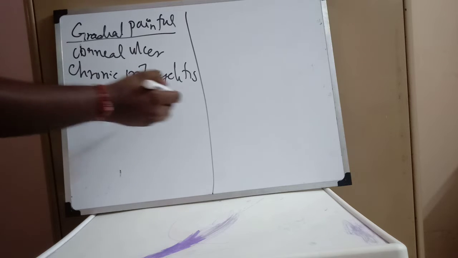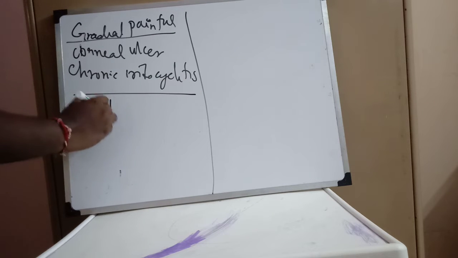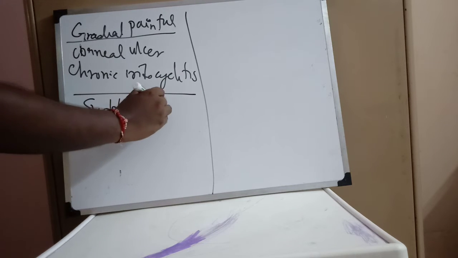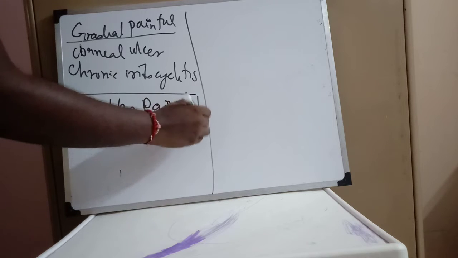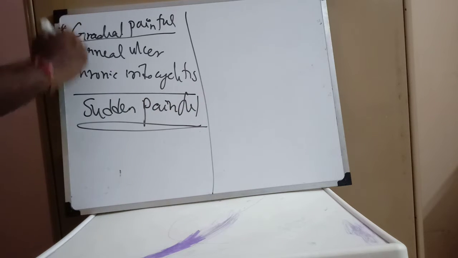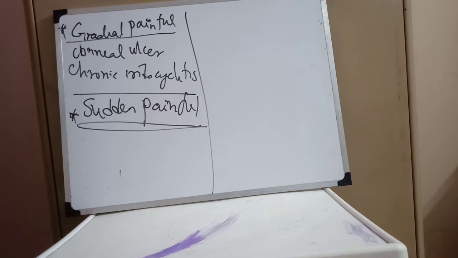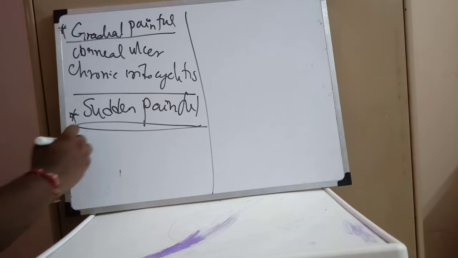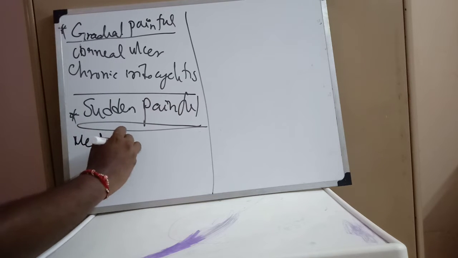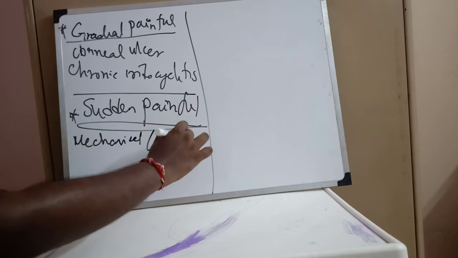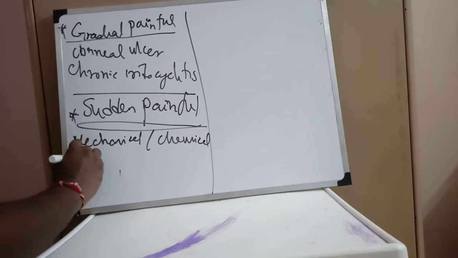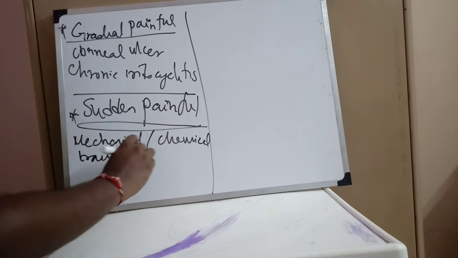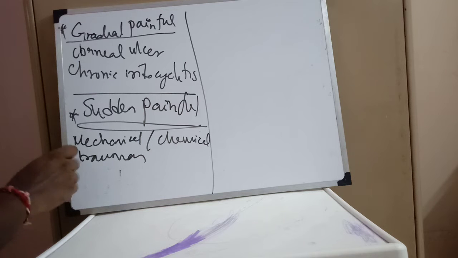Next, we will deal with a small condition. Before we go to sudden painless, we will deal with sudden painful conditions. Sudden painful conditions, you can have mechanical or chemical trauma.